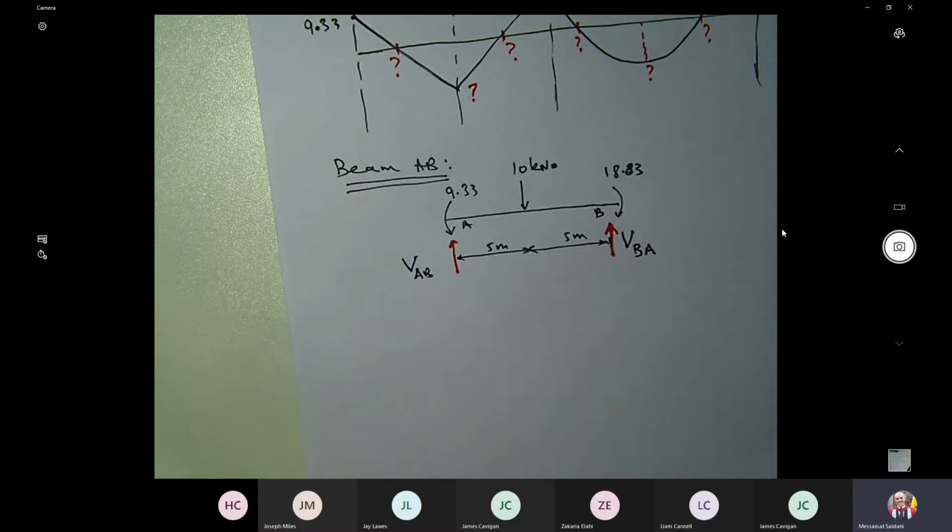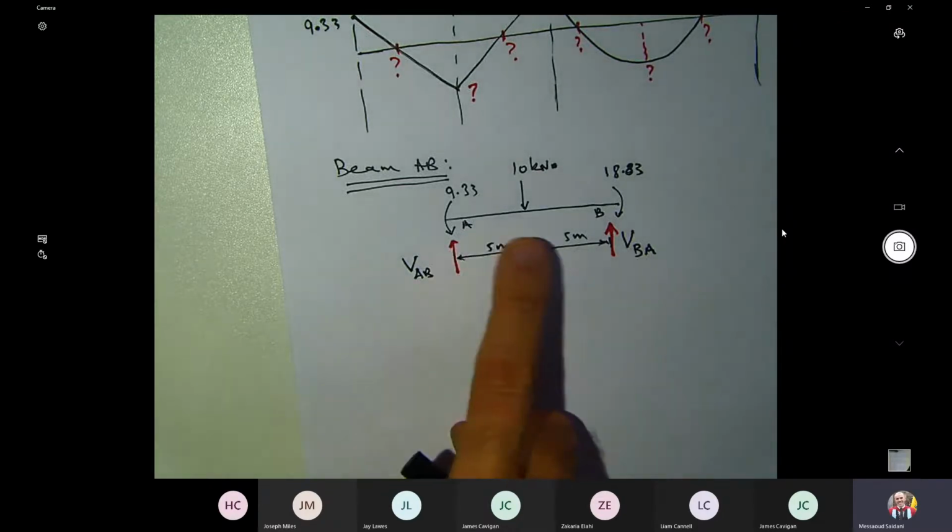Use two moment equations, and then use the vertical equilibrium to check your answers. Does it make sense? Instead of using moment equilibrium and vertical equilibrium, don't do that, because if you make a mistake, you won't know. However, if you use two moment equations and then use the vertical equilibrium to check the answer, you are guaranteed that your answers are correct.